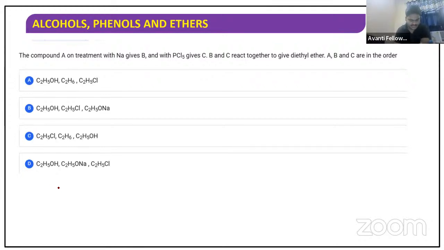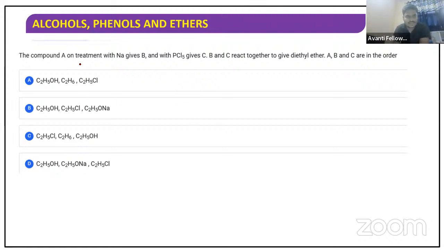Now move to the next question. They are saying the compound A on treatment with Na gives B, and with PCl5 gives C. B and C react together to give diethyl ether. What is ABC in the correct order?